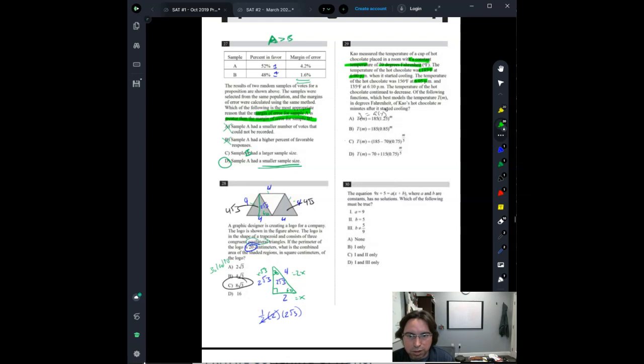The temperature of the hot chocolate continued to decrease. Which of the following functions best models the temperature in degrees Fahrenheit? So we know that if the room here is a constant 75 degrees, it means that the temperature of the cup of hot chocolate can never go below that.